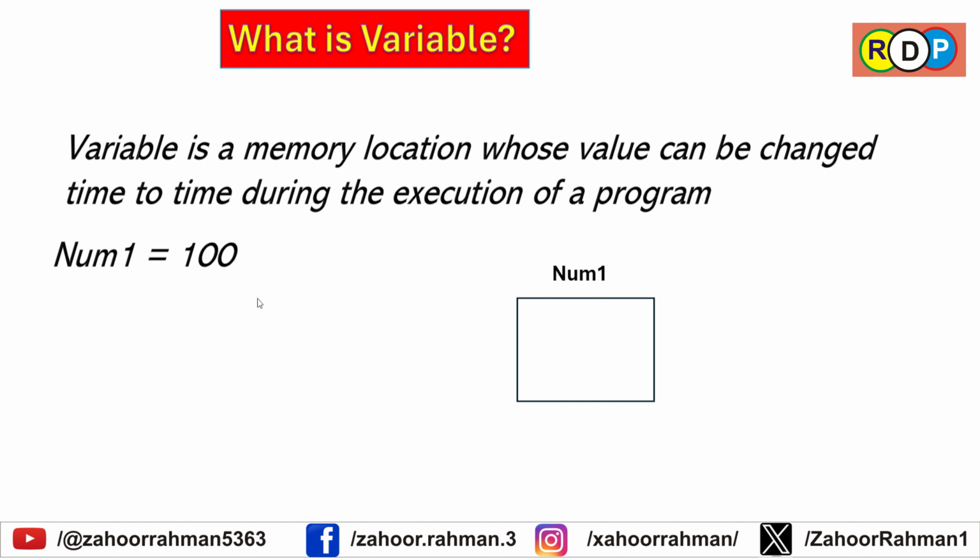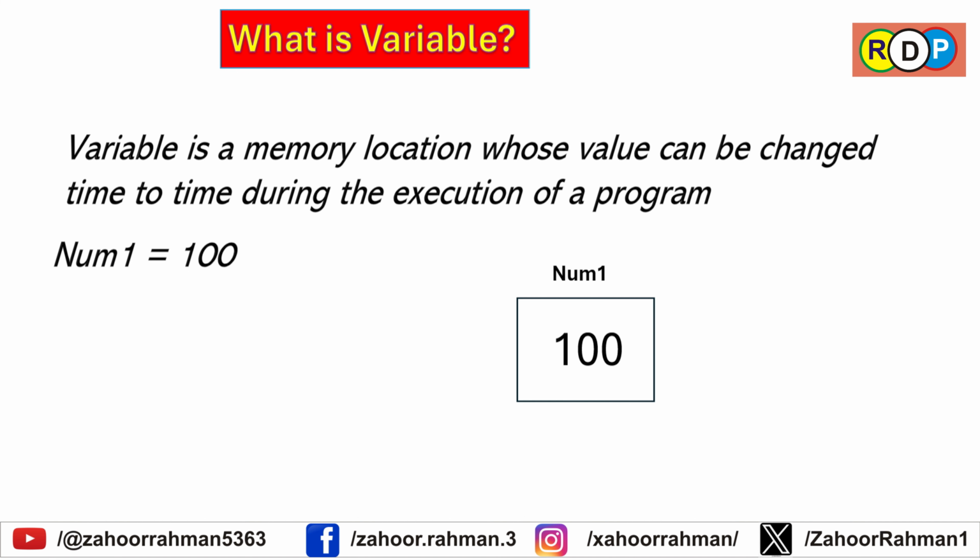Now what will be the value of this variable? It will be 100. Remember that 100 is a constant. We are not talking about the constant in this lecture, but we will talk about the constant in the subsequent lectures. Now that statement is reserving a memory location with the name num1 and 100 is the value.